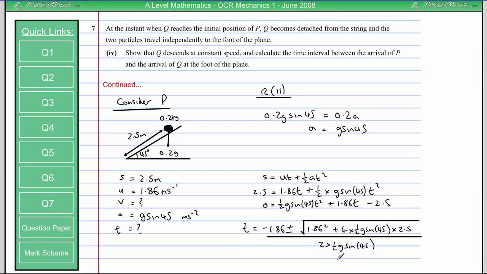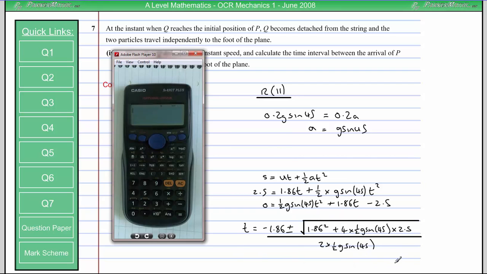So let's think about solving this using our calculator. If you think about our values of t, they're going to have to be positive. So if we did minus 1.86 minus this and then divided by this, we'd end up with a negative value for t. So I'm not interested in the solution where we're taking it away. I'm just going to do the solution where we're adding this, and I think that we'll get a positive answer for this. So it's essential when you're doing a question like this that you've got a decent calculator, or you're going to really struggle.